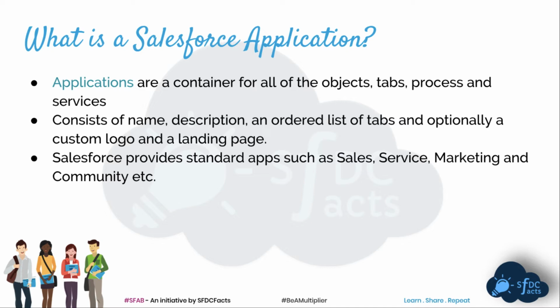For example, you would want the salespeople to only see the objects which are specific to their job role, and the service people to see only the tabs which are specific to their job roles. So that is where applications come into the picture.